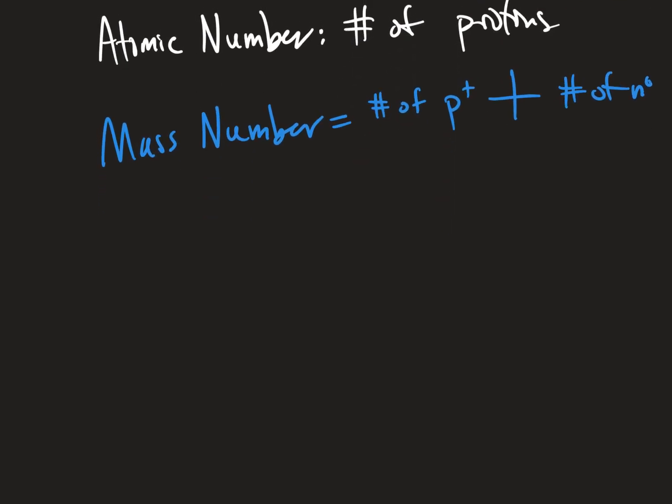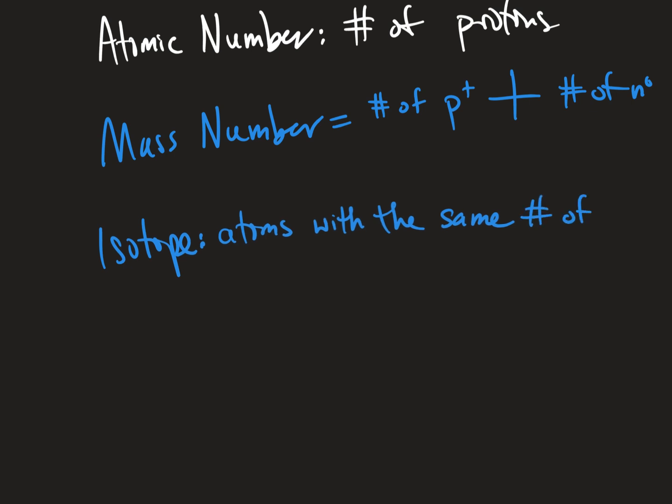Okay, now let's get into isotopes. Isotopes are atoms with the same number of protons, but different number of neutrons.